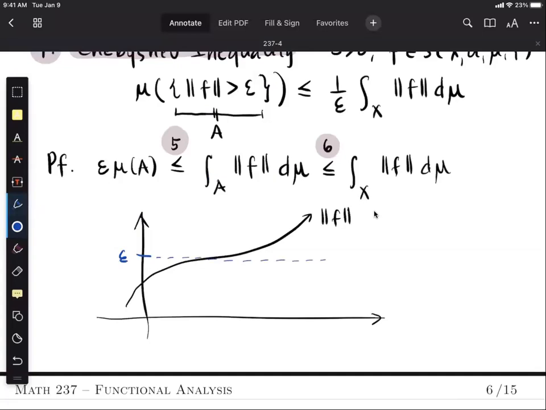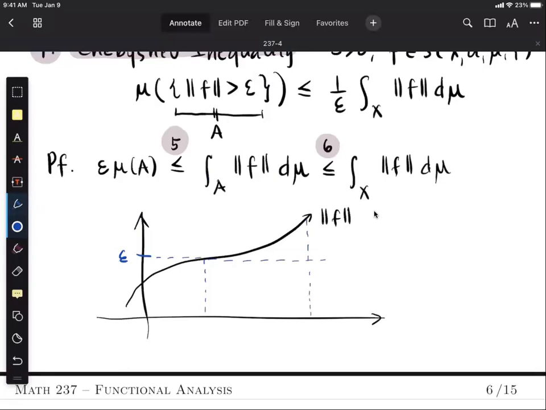So if we take, for instance here, the set of values that are greater or equal to epsilon, that would be this set here.